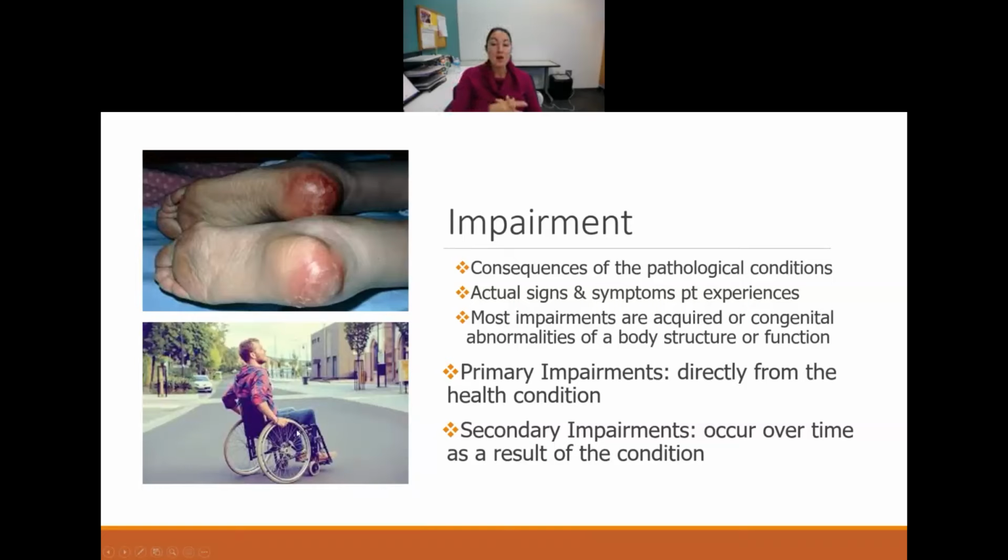Primary impairments are directly from the health condition. So, for example, with spinal cord injury, the primary impairment is the inability to move the legs, versus secondary impairments, which occur over time as a result of that condition. So if the person didn't move enough, they could develop pressure sores or contractures or things like that because of the spinal cord injury.